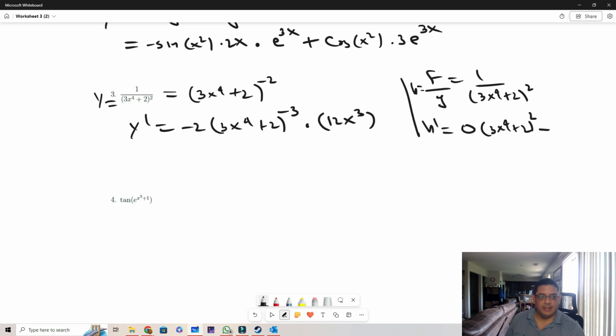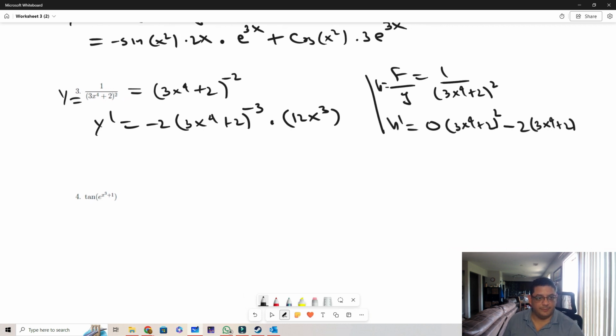Then minus, and then this one without derivative, and then the derivative of this one, which will be 2, 3x to the 4 plus 2 to the power of 1. And then, of course, there's a chain rule in there as well. So this will be 12x to the 3. And then, of course, everything divided by 3x to the 4 plus 2, all squared, so to the 4th. And so notice that when you simplify this out, you're going to get the same result.